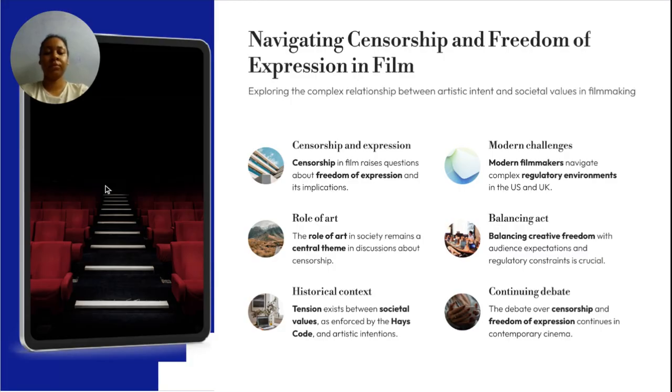The role of art in society remains a central theme in discussion and censorship. Art itself is very subjective, as a lot of people would say, because it's all about your own interpretation and what you consider art.